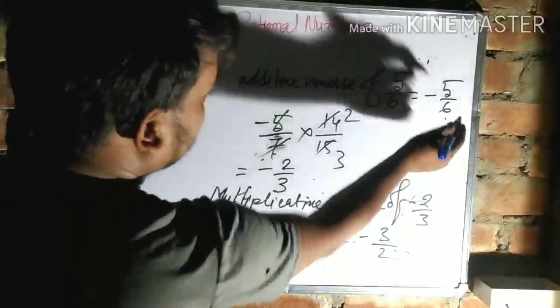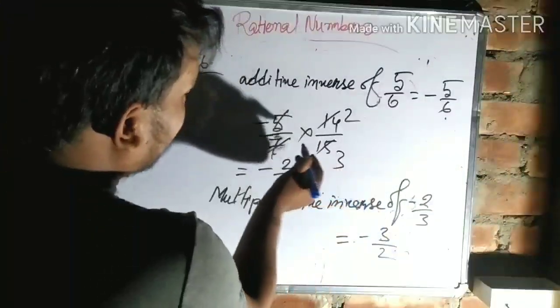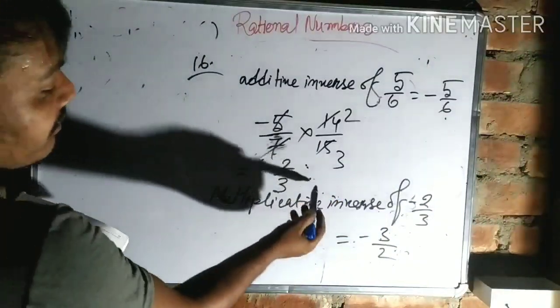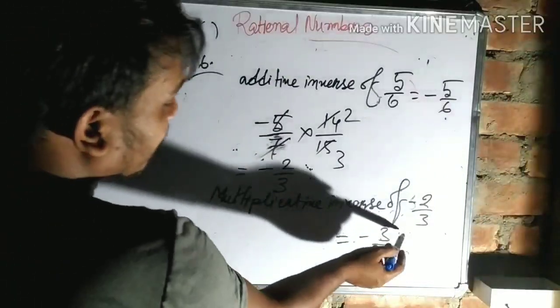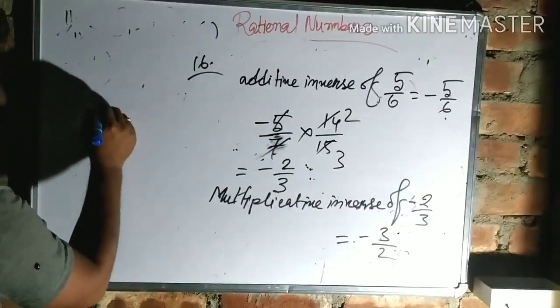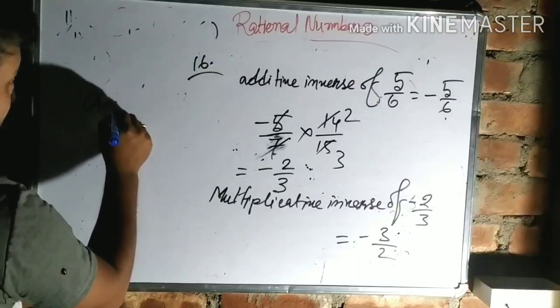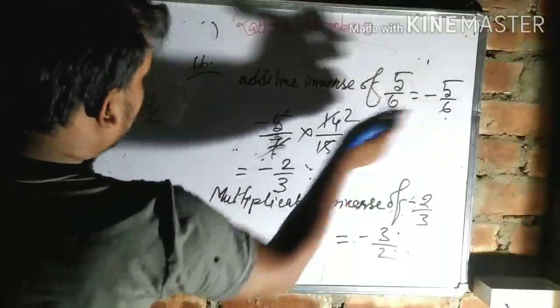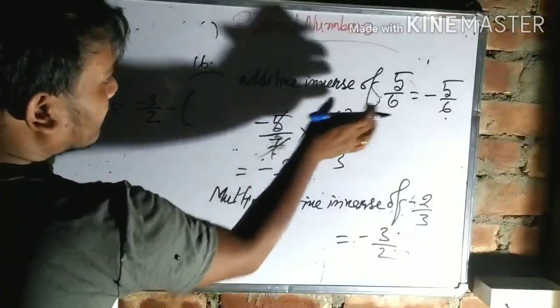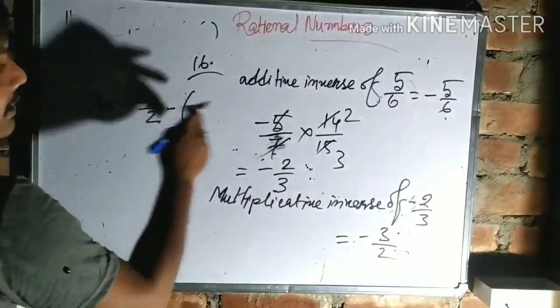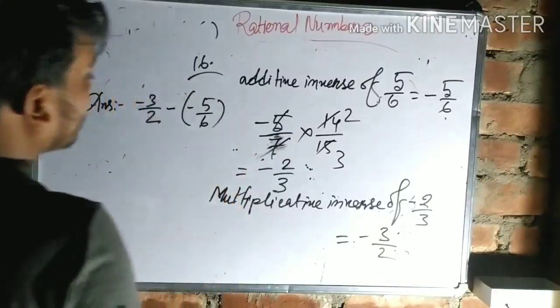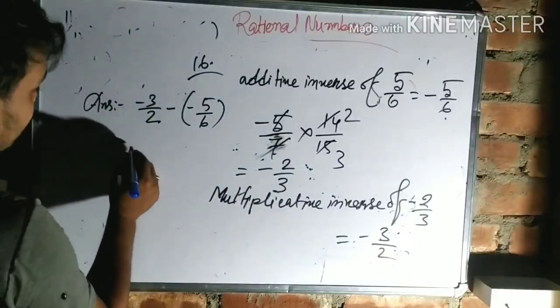So we subtract this value from the multiplicative inverse of this value. So multiplicative inverse of this value is minus 3 by 2. So answer is minus 3 by 2 subtract additive inverse. So minus of subtract, that means minus, and the value is minus 5 by 6. Okay. So what is the result?